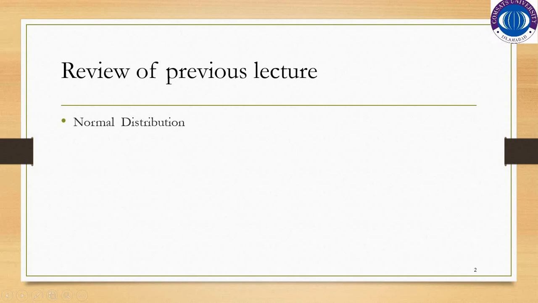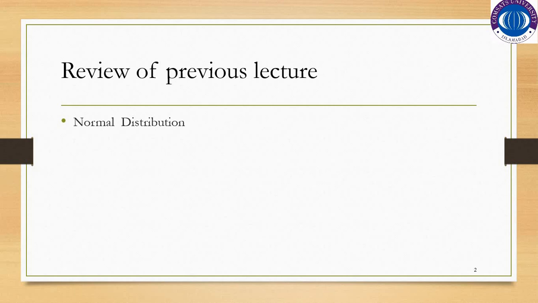In the previous lecture, we started the normal distribution. We discussed some features of the normal distribution: it has a symmetric shape and is bell-shaped, its mean, median and mode are equal, and the area under the curve is 1.